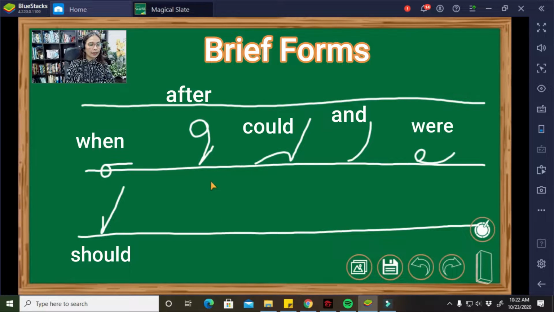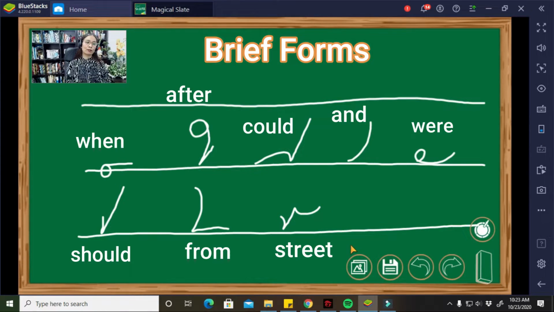And we have the F and then a forward straight line for M, that is from. And the last, we have the S, upward T, and forward R, so that is street. So this is when, after, could, and, were, should, from, street.